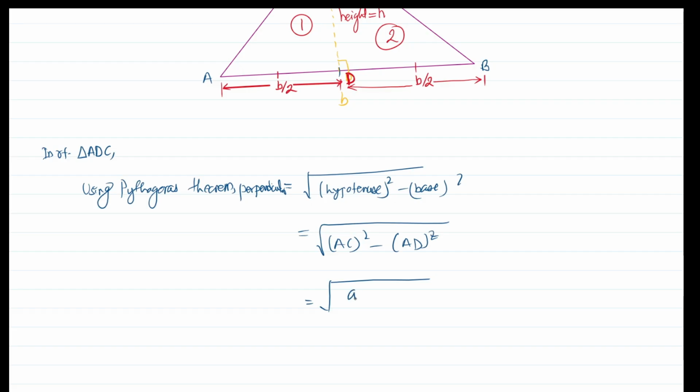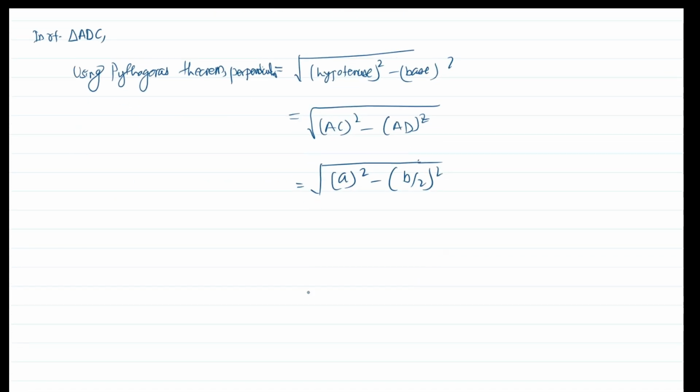That means AC is A, and AD is B by 2. That is equal to A squared minus B squared upon 4. Taking LCM, that is 4A squared minus B squared, whole upon 4.